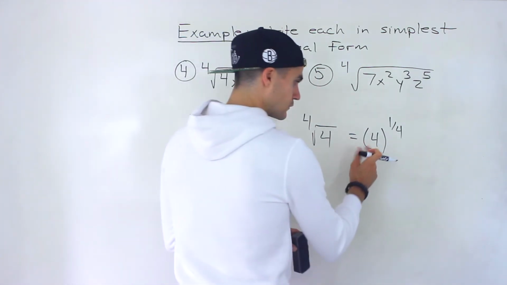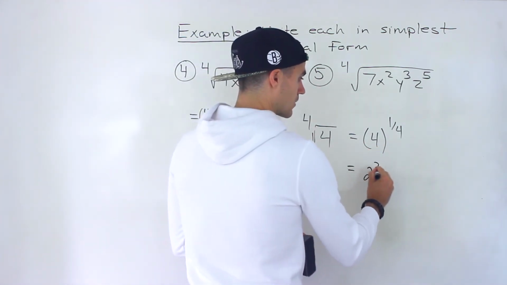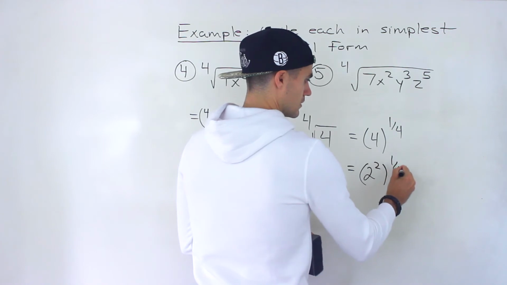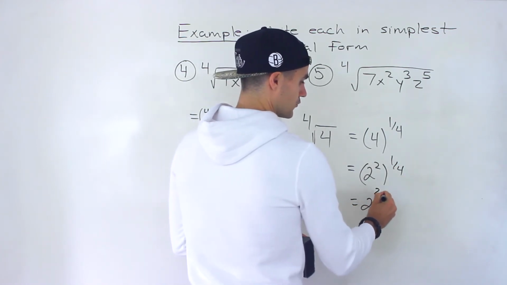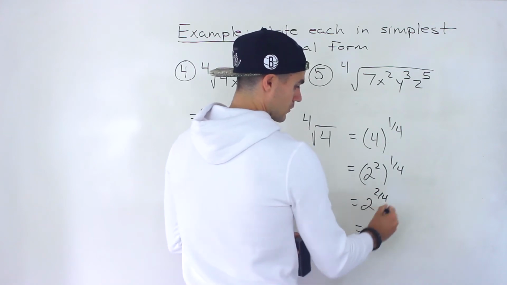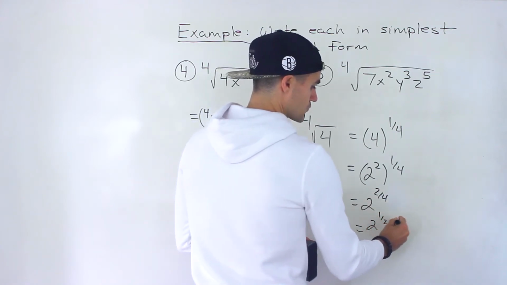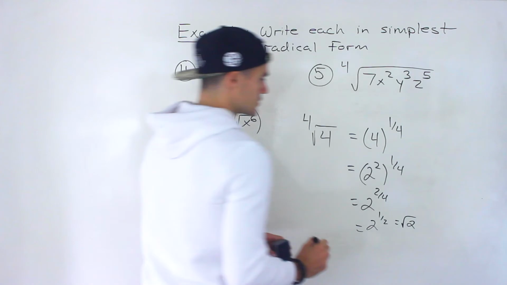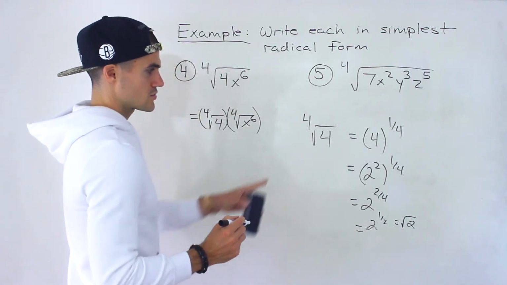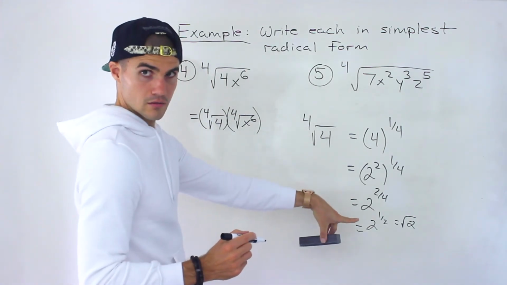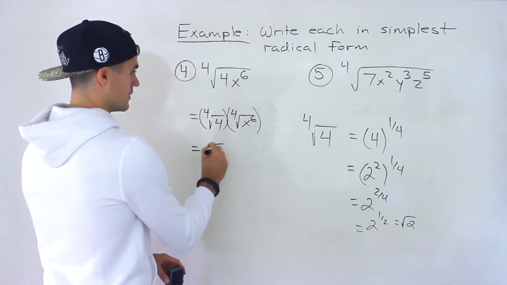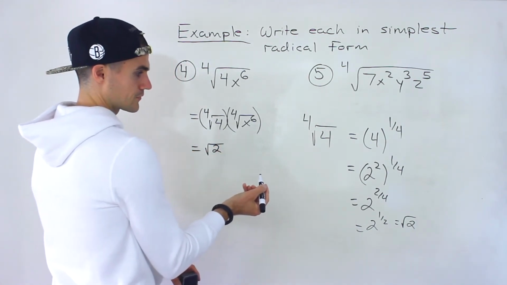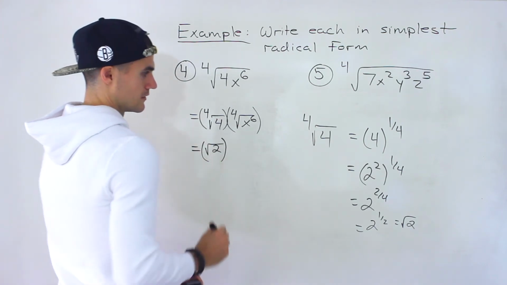And then again, this 4 can go 2 to the power of 2. And then you multiply these, you end up with 2 over 4, which would be 2 to the power of a half, which would end up being the square root of 2. So the fourth root of 4 is the exact same thing as the square root of 2. That's a nicer format to put it in.